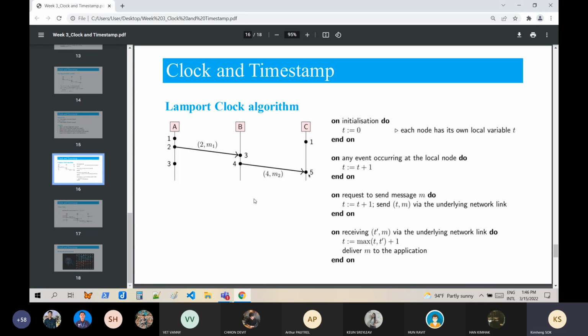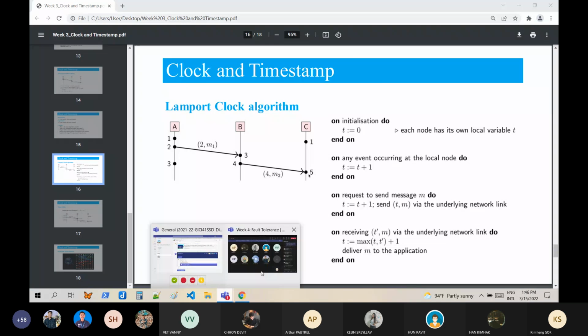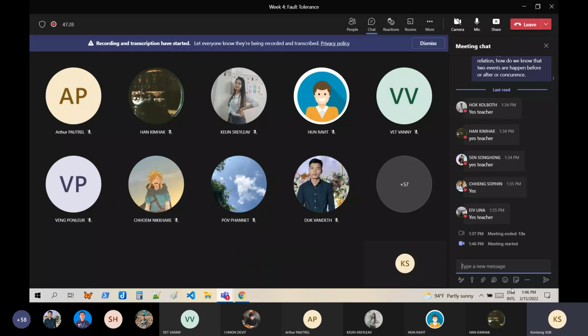And the idea of counting is like this: if it is in the local computer, we increment it 1, 2, 3, 4, 5. If we send a message from one computer to another computer, we use the clock from that computer plus 1. Okay, so that is what we call the Lamport clock algorithm. Understand? Understand how the Lamport clock algorithm works?